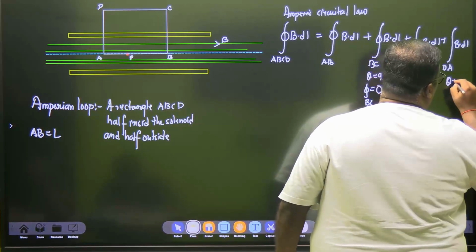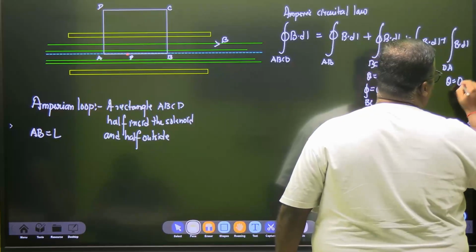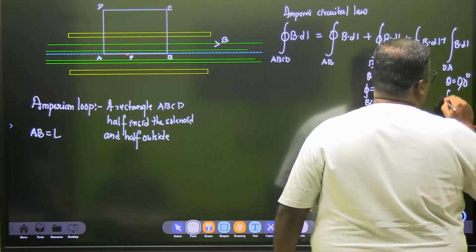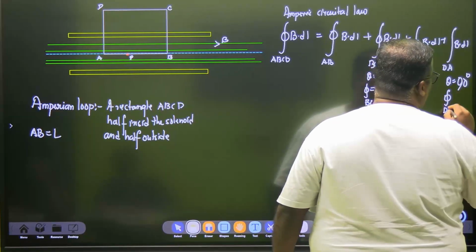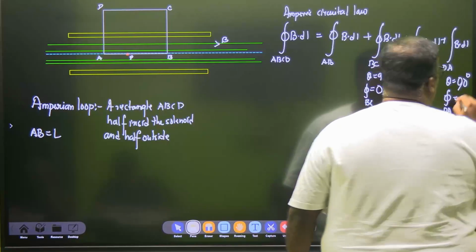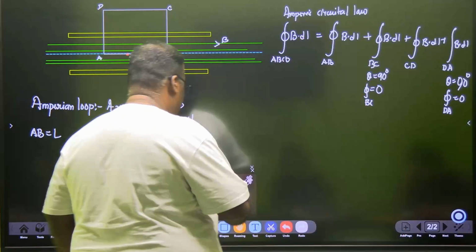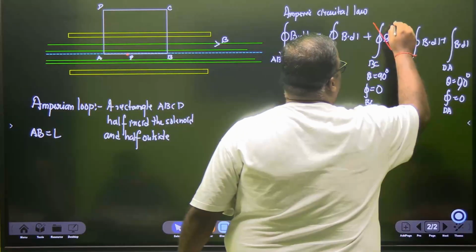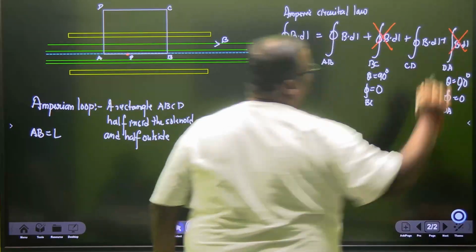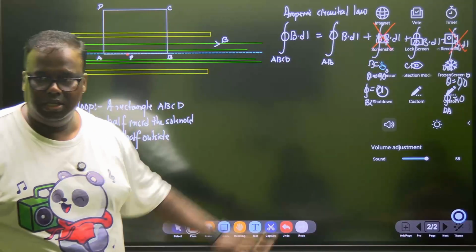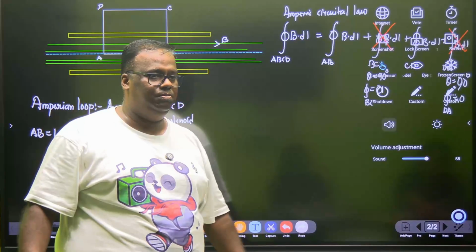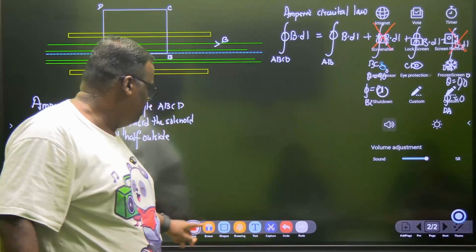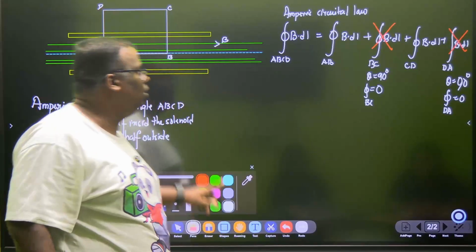Here also theta is equal to 90 degrees, as a result of which the surface integral of dA should be equal to 0. So, in other terms, this segment does not contribute at all. Is the explanation understood? Now something interesting is happening on this part.